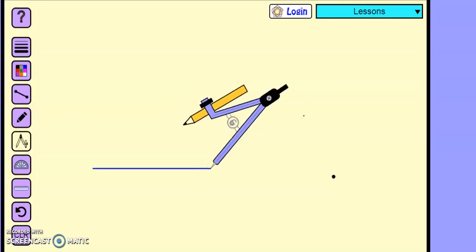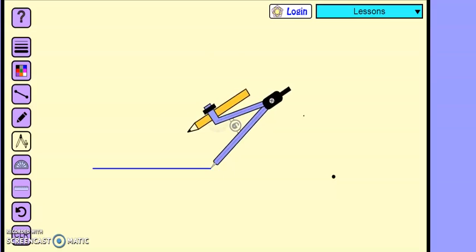Once you have opened your compass, you will not change the radius of your compass. This point should be kept in your mind.